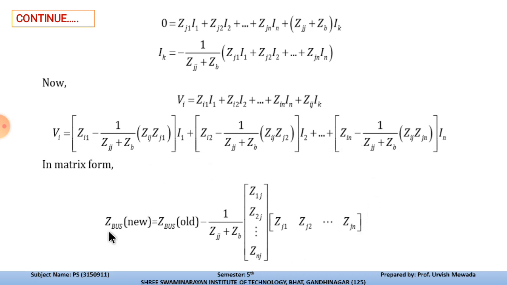So this is the Zbus new equal to Zbus old minus that, which we have derived using the type 1, type 2 and type 3 modification.